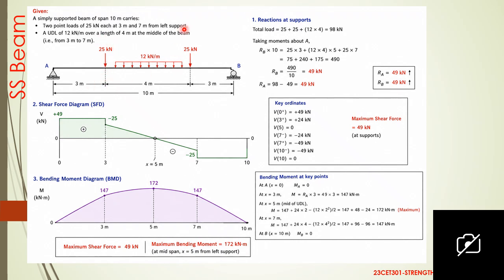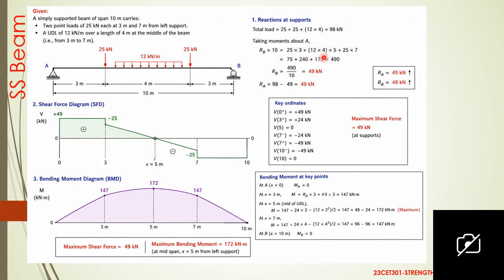Taking moment about A, RB into 10, that is the anti-clockwise moment, equal to 25 into 3, and 25 into 7, and the UDL 12 into 4. So UDL and its length 4 meter, that is the total load. 12 into 4 is the total load, and it acts at half of the 4 meter, that is 2 meter from here, but we are taking moment at A. So from point A the UDL acting point is 3 meter plus 2 meter, that is 5 meter.